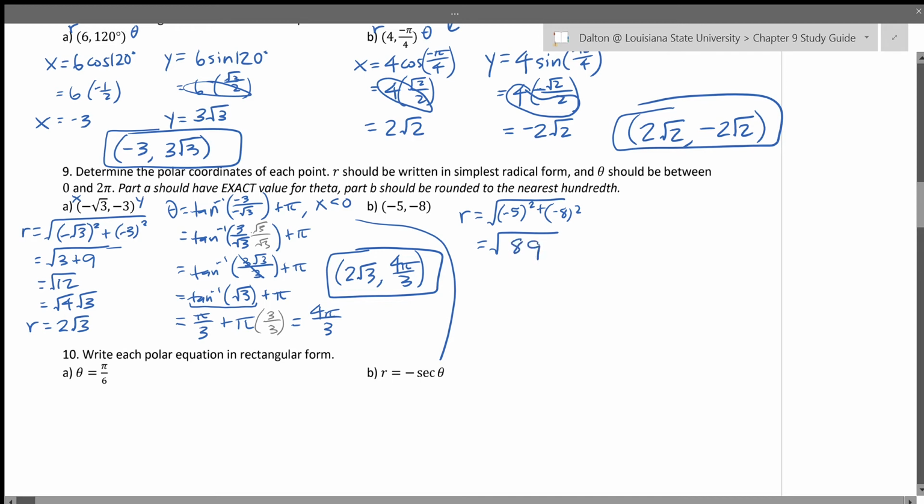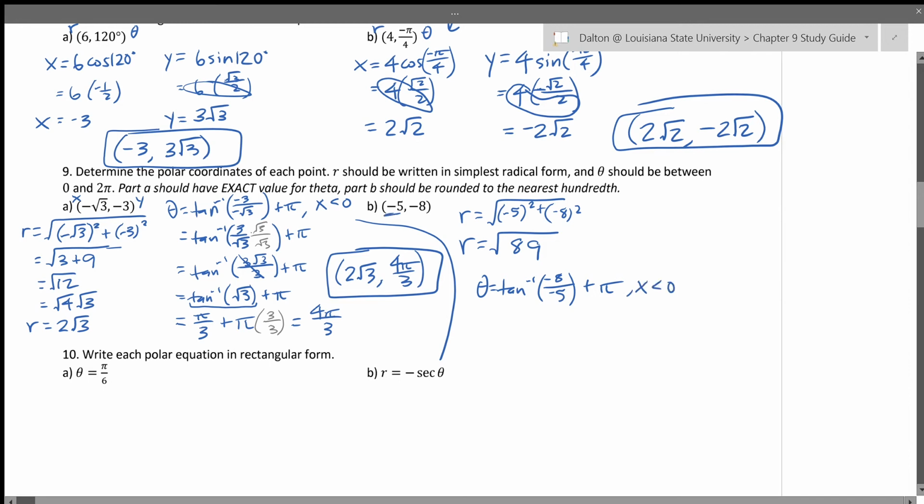And there is no square factor of 89, so that's as simple as we can go for r. Theta will be tangent inverse of y over x, so it'll be negative 8 over negative 5, plus pi. Again, we have to add plus pi because our x value is less than 0.